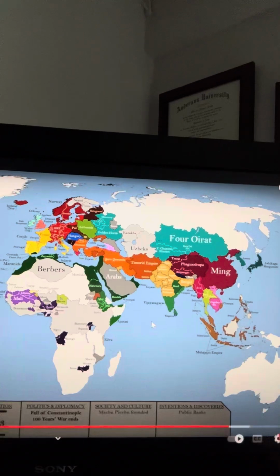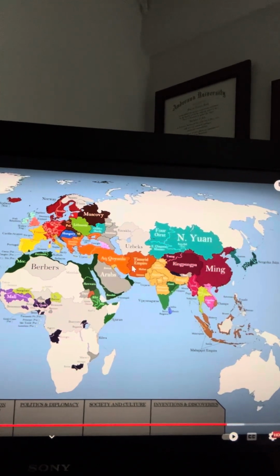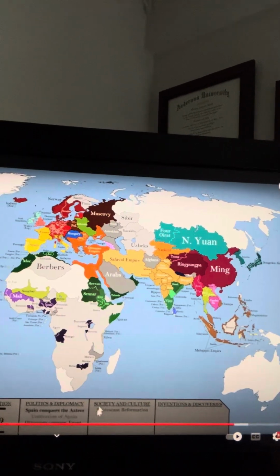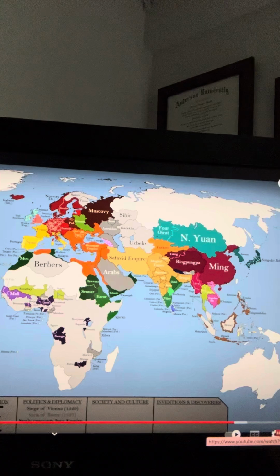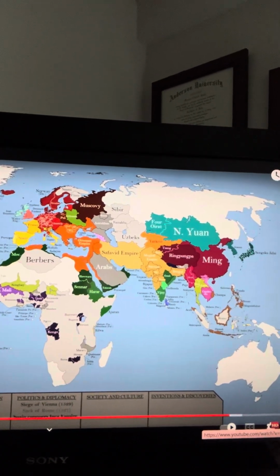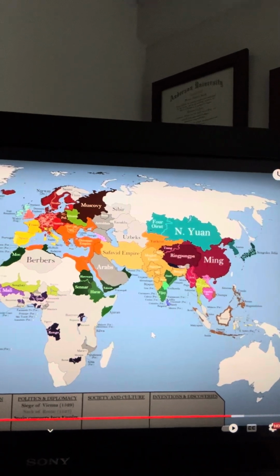So they will turn into Muslim empires, and we're seeing various Muslim empires appear and disappear here that were all related to or springing from those Mongol conquests toward the later centuries here.